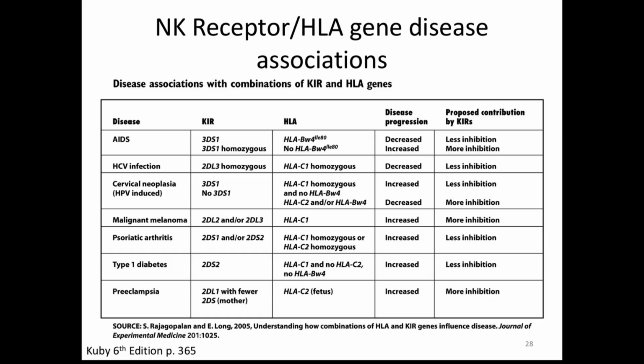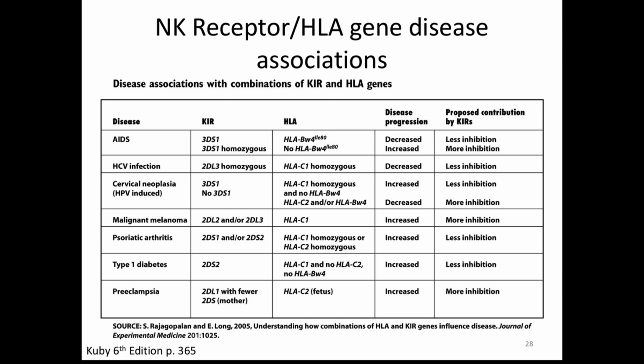It also seems as though there are associations between different genotypes of NK receptor and outcomes in different viral infections. And you can have situations where your NK receptors are a good match for your MHC or a bad match for your MHC. So sometimes, if you have this combo, you're in good shape, and if you have this combo, you're in bad shape.